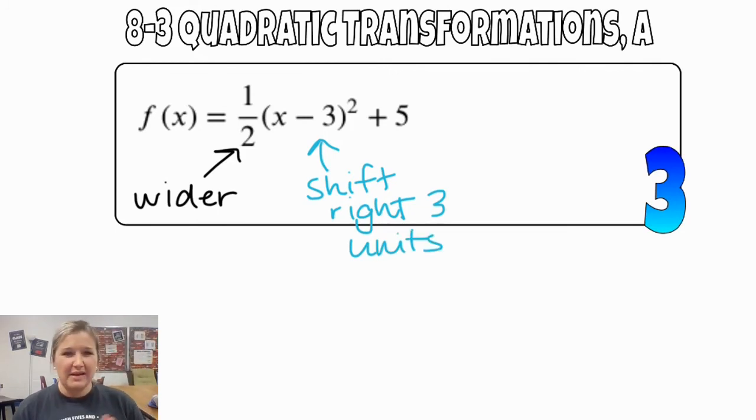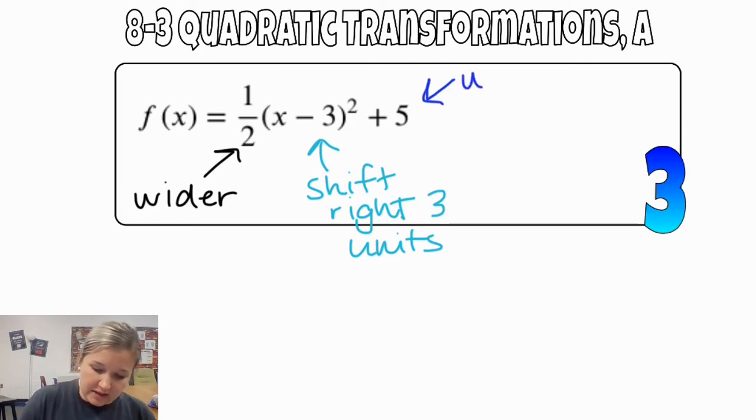And then the +5, one more transformation, is going to be a shift up 5 units because it is a plus.